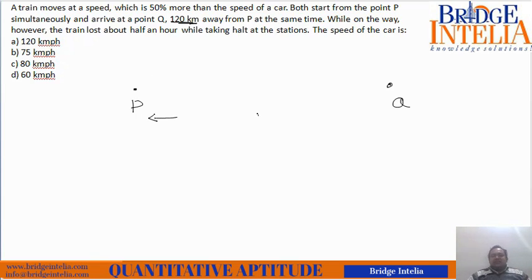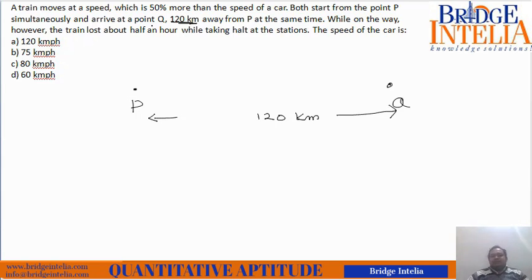This is already known. Both start from the point P simultaneously. They start together and also reach together. So they start together, they reach together.